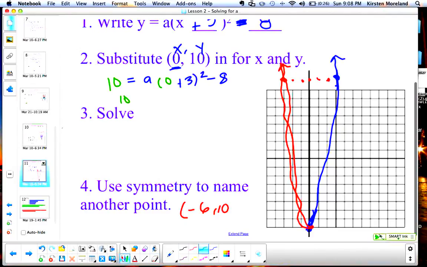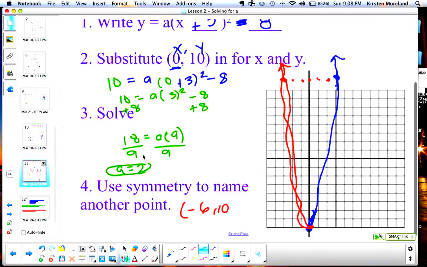All right, so I get 10 equals a times 3 squared minus 8. Again, always get rid of this number by moving it to the other side. So I get 18 equals a times 3 squared, which is 9. And it's attached by multiplication, so I'm going to divide. So I get a equals 2, which makes sense because my parabola is pretty narrow, so it's got to be a number bigger than 1.